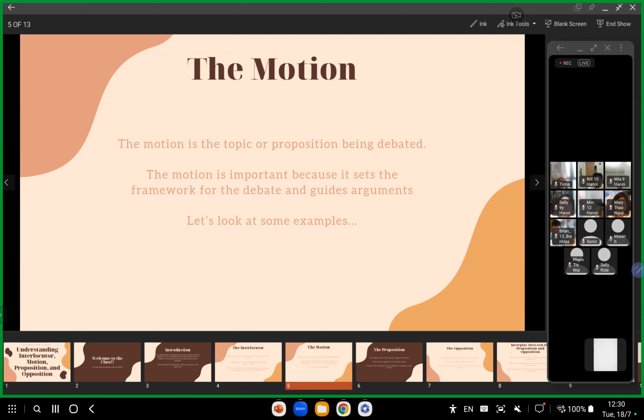And it's always worded in a certain way. It's usually something like, this house believes that children should be allowed to own smartphones, or this house believes that all children should learn how to swim. So yeah, the motion statement just lets everybody know what the proposition is arguing.